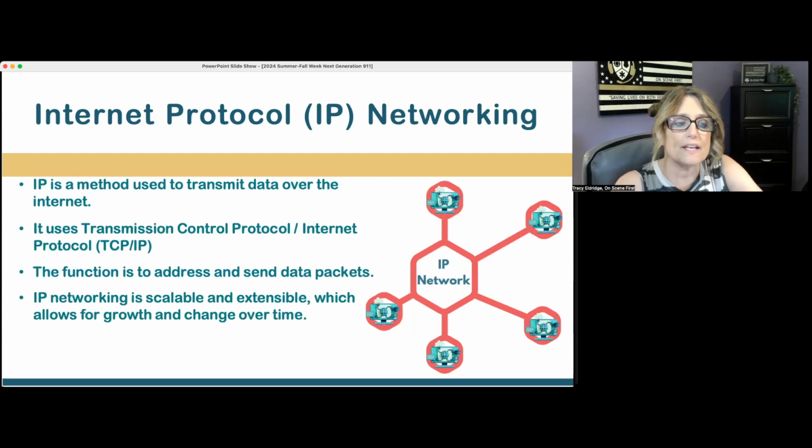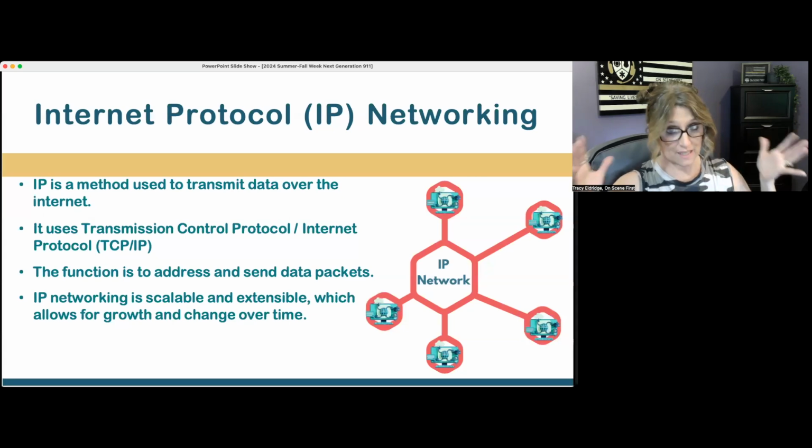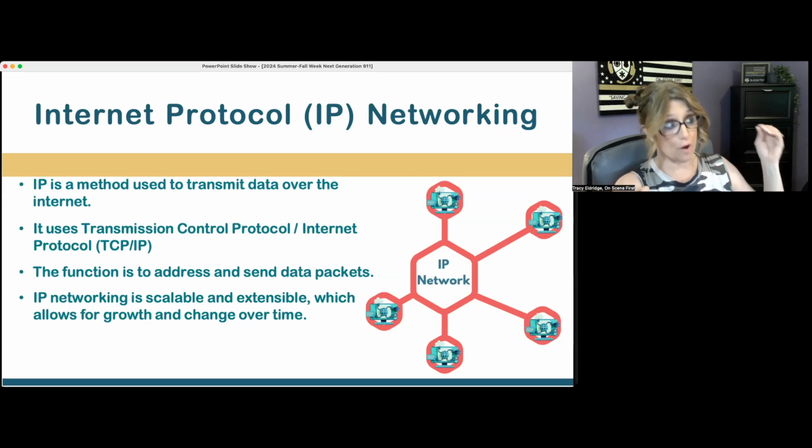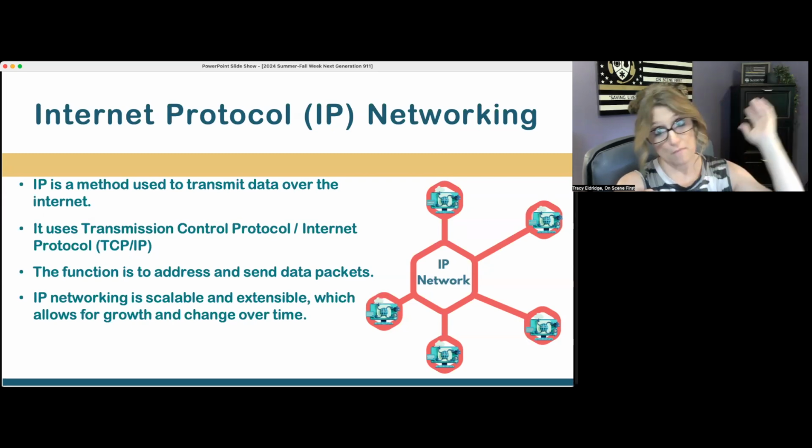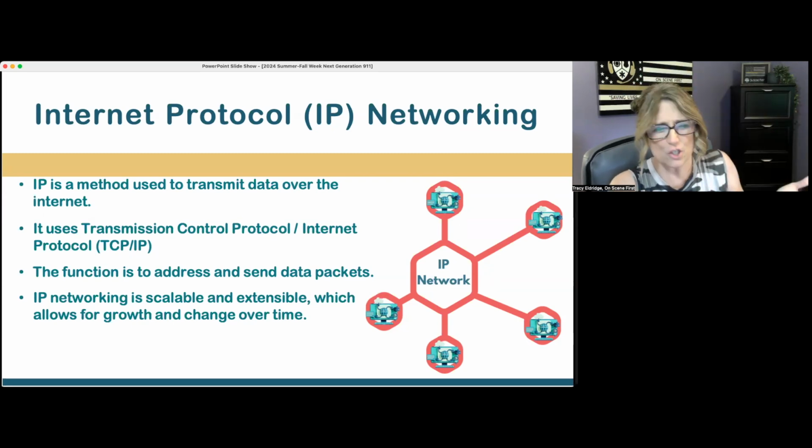IP networking is scalable and extensible, which allows for growth and change over time. I think there's a mindset that at some point I'm going to be able to send a 911 call from Rochester, Mass, all the way over to California through the 911 network. And I should be able to do that, right?